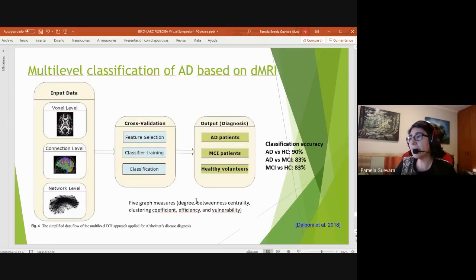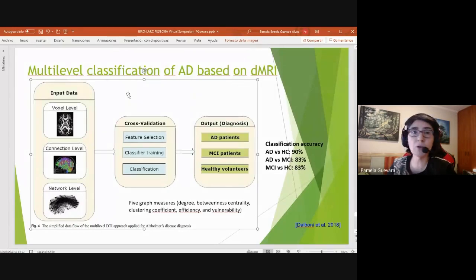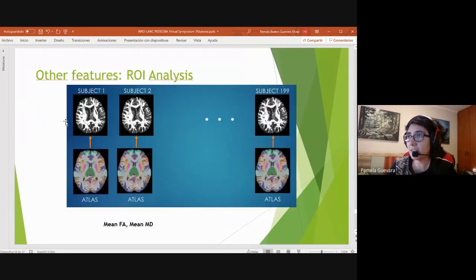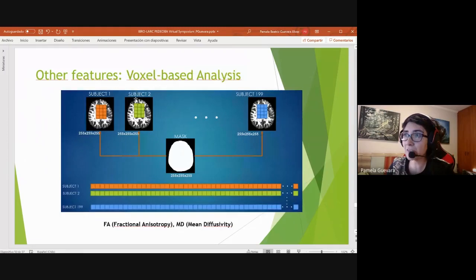And this is the last example, another work that took three levels of information, and it is another example of a machine learning approach. That's why I took this example, because I think several works are at this moment being carried out using several kinds of information. For example, voxel-level information, that can be the fractional anisotropy but also the T1 image.